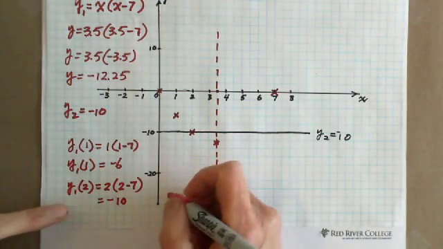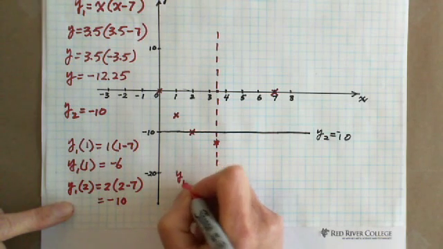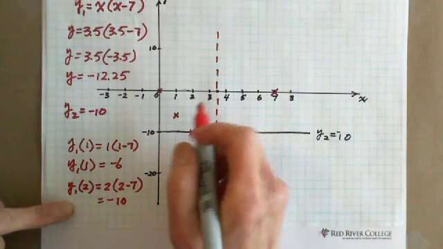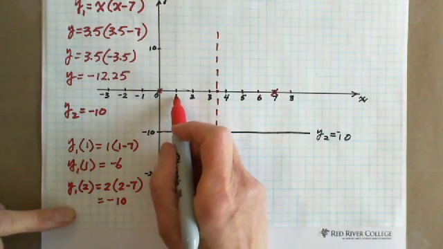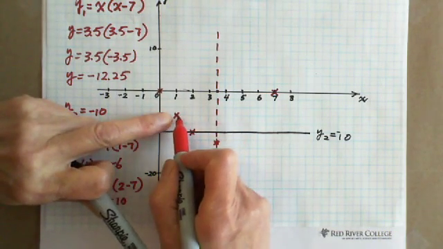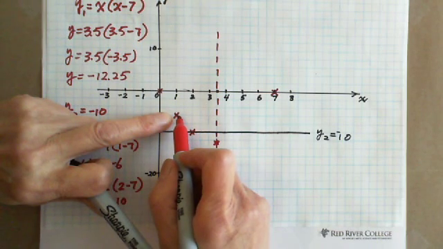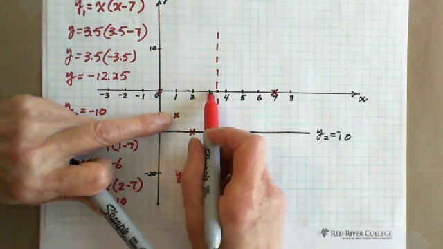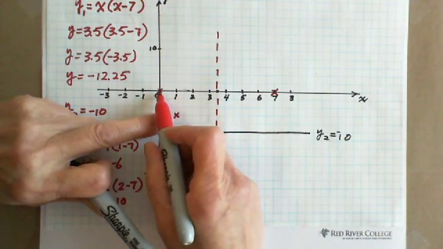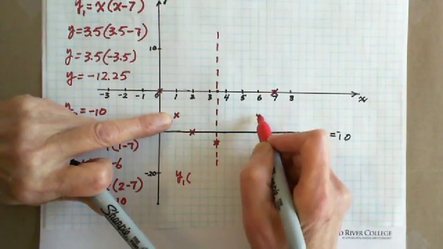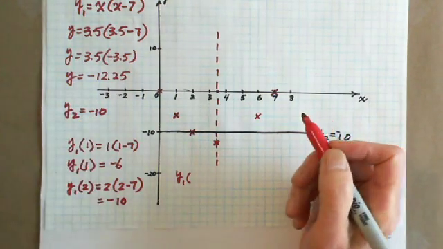Same thing, we can put the y1 when x is on the other side. Because the parabola is symmetric, when x equals 1, y equals negative 6, so when x is the same distance from the axis of symmetry, from 0 to 1 and from 7 to 6, 6 must also give this answer.